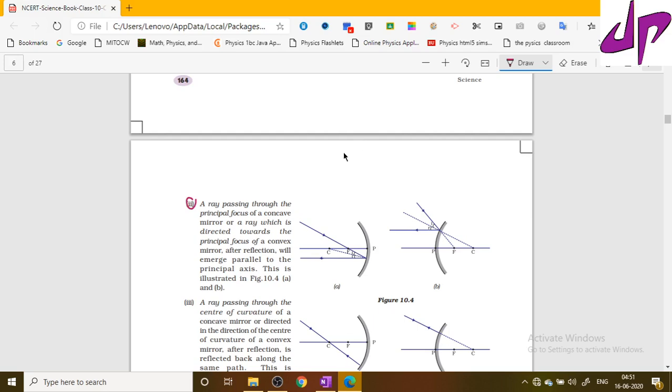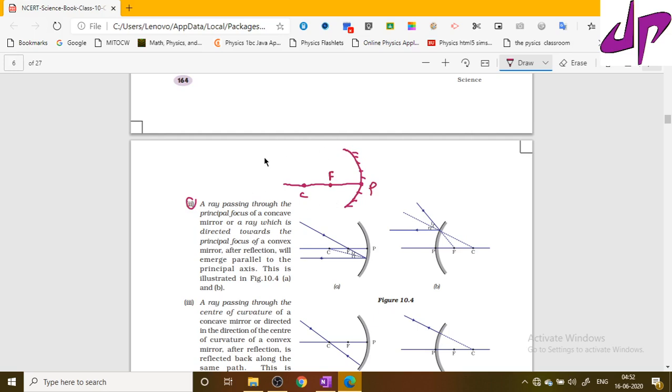Suppose we take a concave mirror, and this is the non-reflecting surface on this side. This will be the principal axis, here will be the center of curvature, and between them will be the focus.